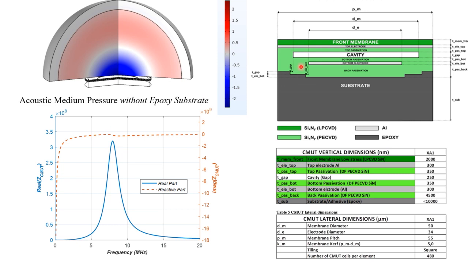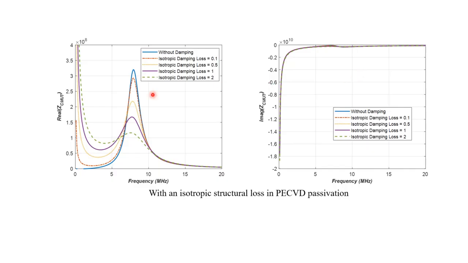So if you start giving these kinds of structural losses in the PECVD passivation, and you go on increasing those losses, you see this effect, that the Q is becoming much dampened, and you tend to introduce a sort of Mohr's loss in the model.